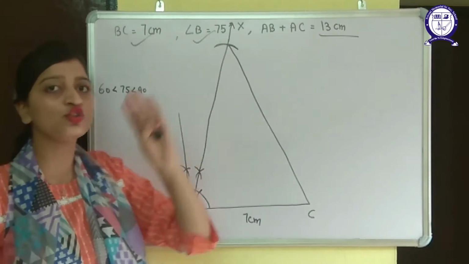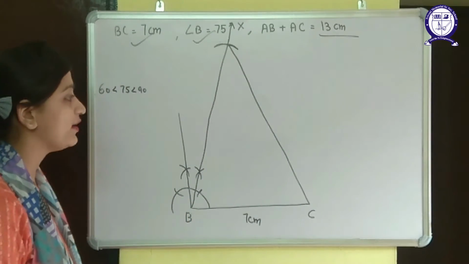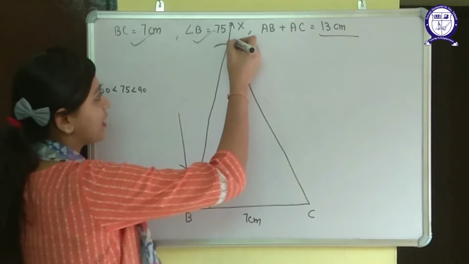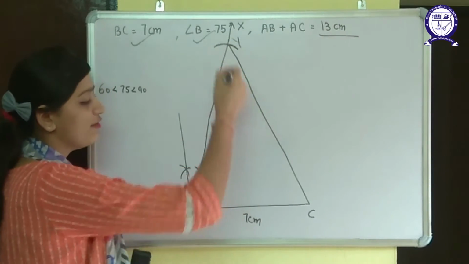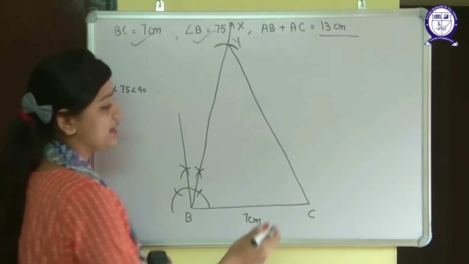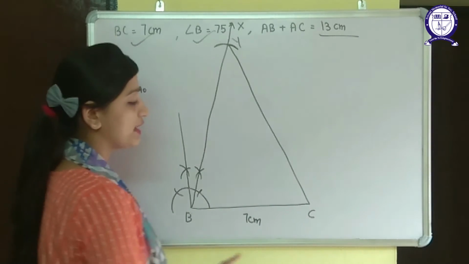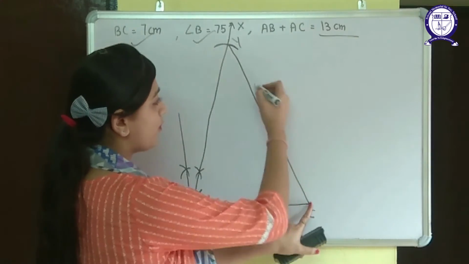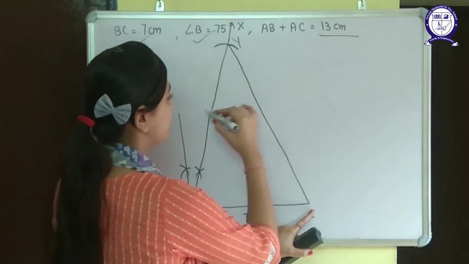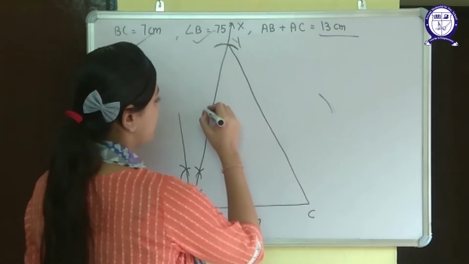Now I need to find A. How will we find it? The next step is to draw the perpendicular bisector of, suppose this is Y, YC. Draw the perpendicular bisector of YC. How to make a perpendicular bisector? From this point, open the compass half and make two arcs here and here.